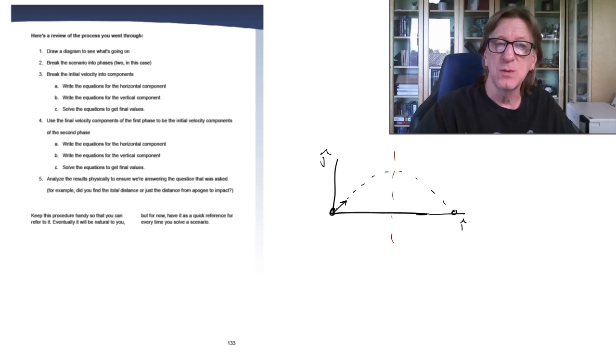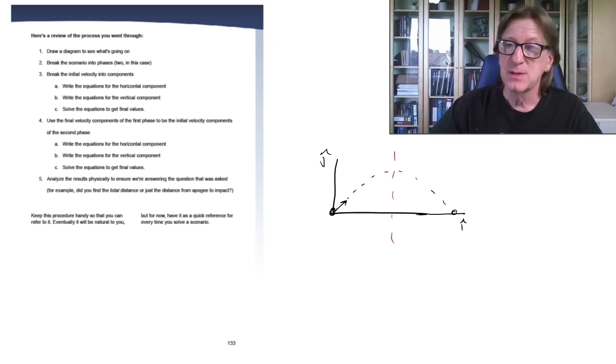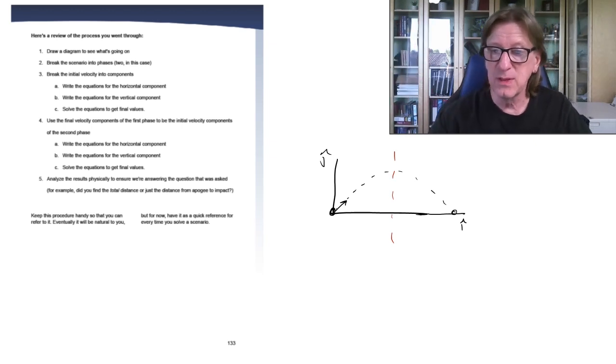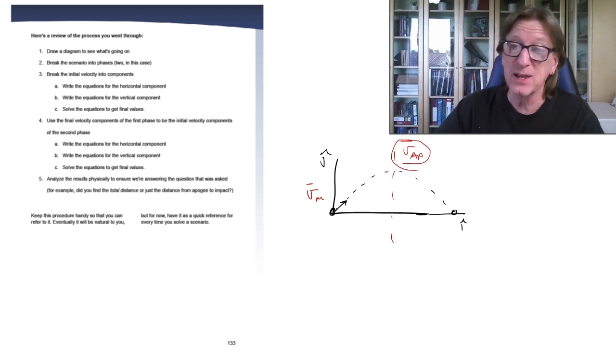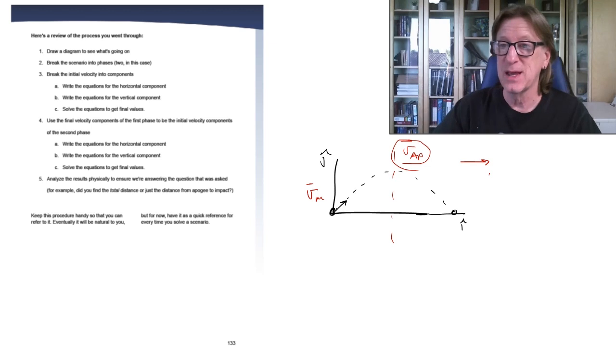All right, so as always, we break all of our vectors into components. So we get all of our initial vectors that we know. Not only the initial velocity here, which remember was Vm, but we also broke our Vap into components. And a lot of students forget that this actually has components. It actually has two directions. So it's 0 in the j hat direction, but it is not 0 in the i hat direction.